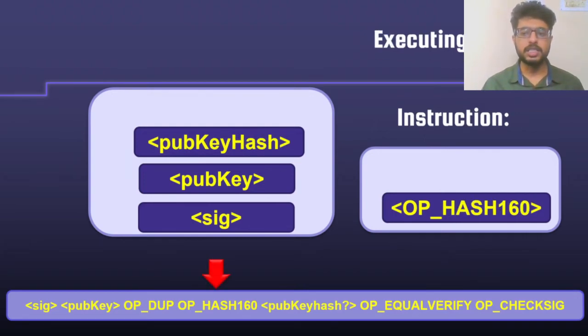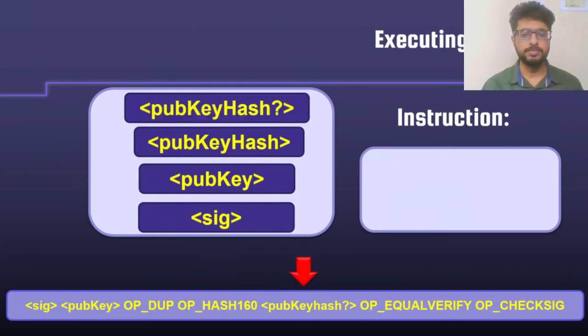The next instruction, HASH160, says to take the top value of the stack and compute a cryptographic hash of it. So this top value is going to be converted from a public key into a hash of the public key. Now, the next instruction is a data instruction which will just push the data onto the stack.